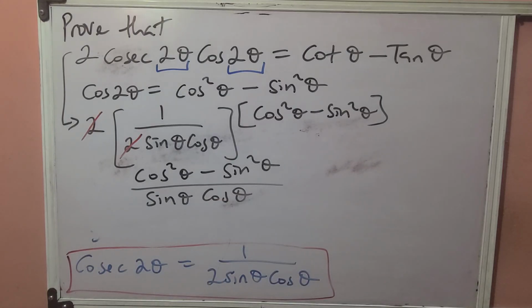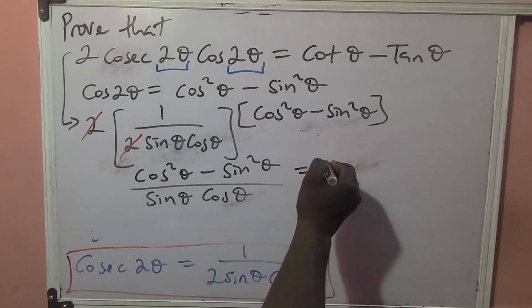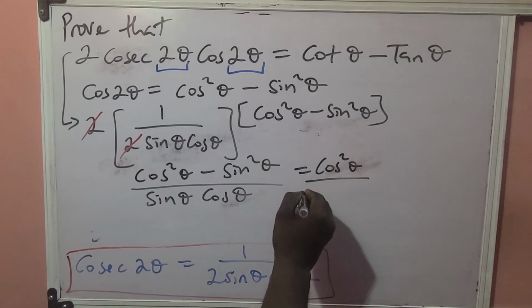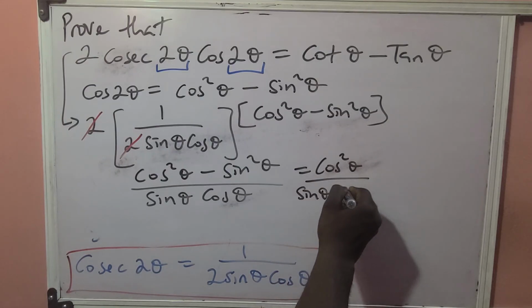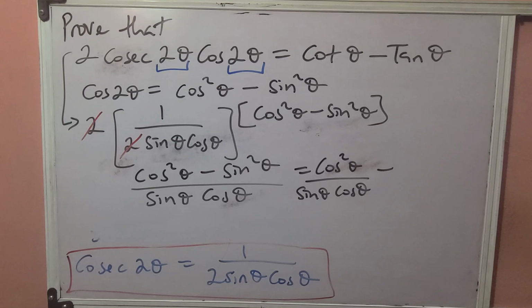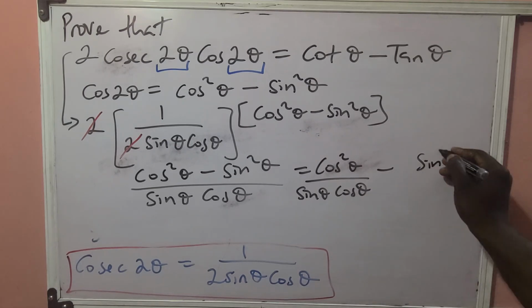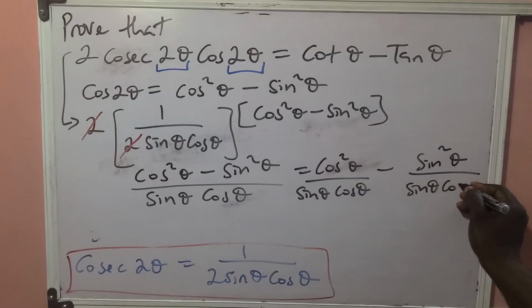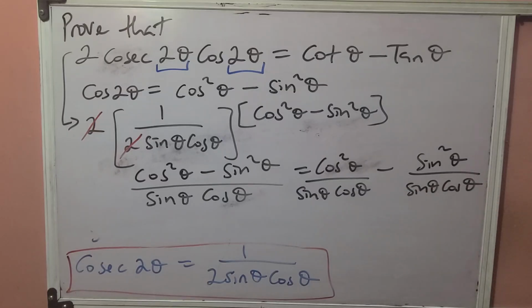So from your understanding of fractions, I'm sure you agree with me that I can split this fraction in this particular way. I can have it as cos square theta all over sine theta cos theta, minus sine square theta all over sine theta cos theta.